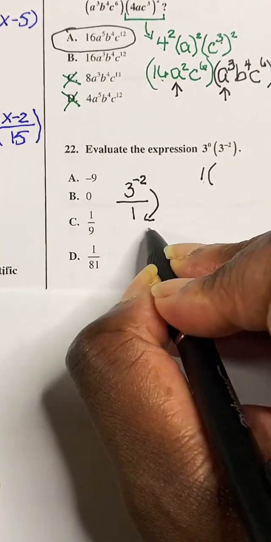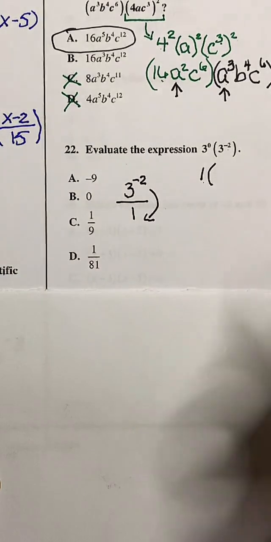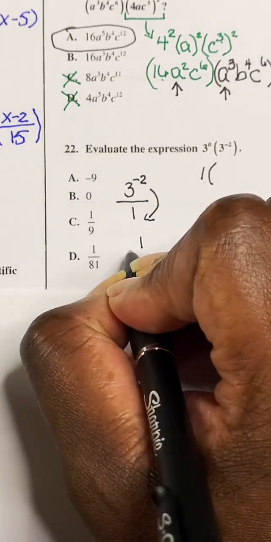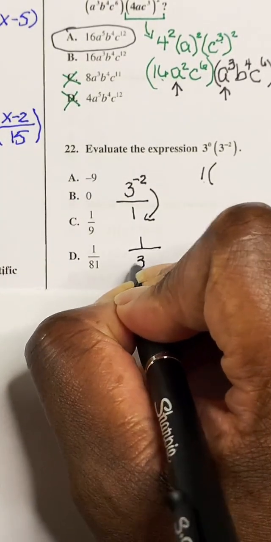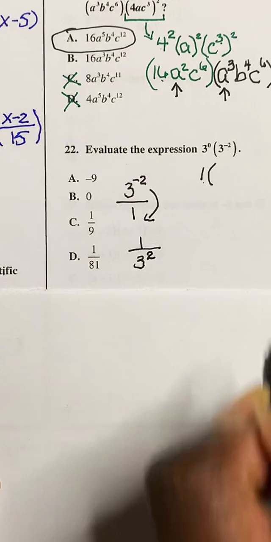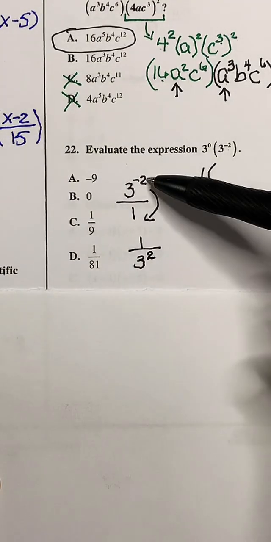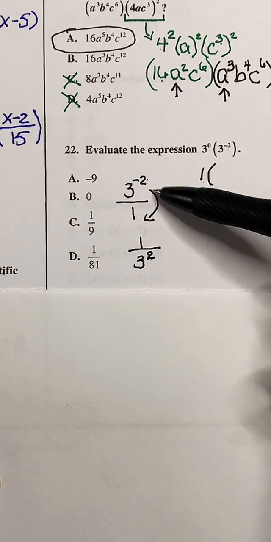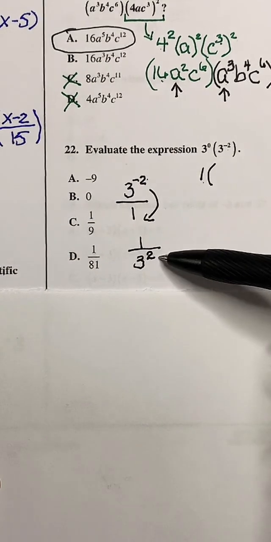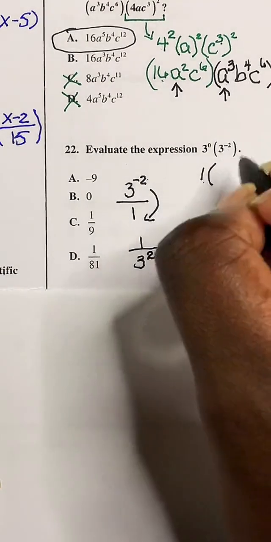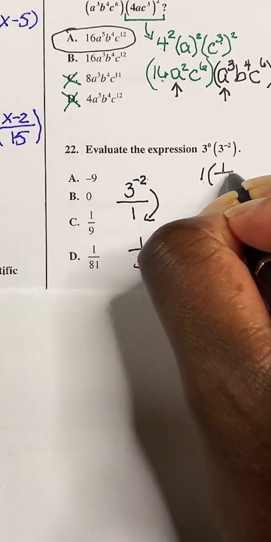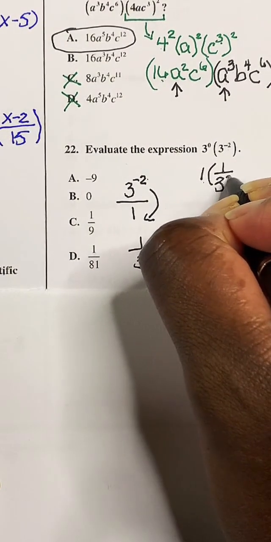And by doing that switch or that reciprocal, now we got our 1 over 3 raised to the 2nd power. So when you have a negative exponent, you need to do the flip in order to change it to a positive exponent. So now we got 1 times 1 over 3 squared.